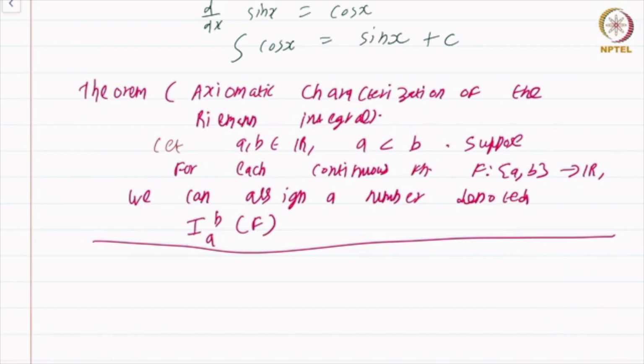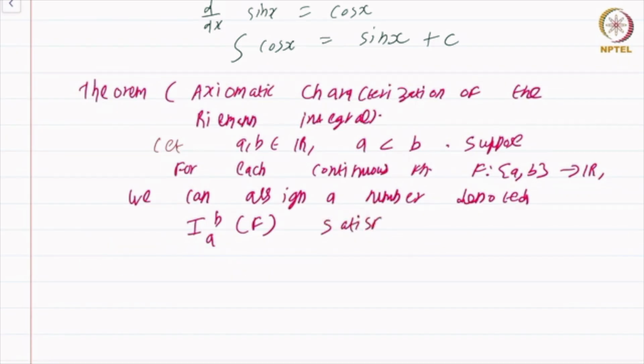This I_ab satisfying the following. So this is going to be an axiomatic characterization, so I'll have to tell you what it satisfies.